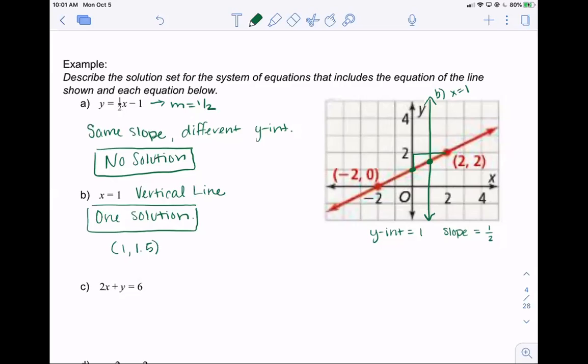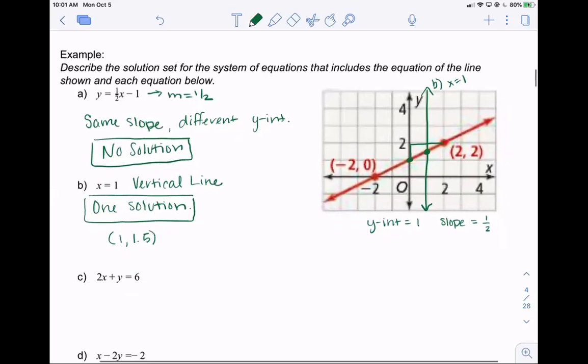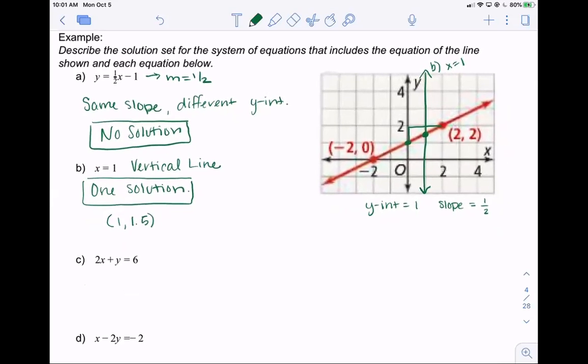On your homework, I think it'll go through a nice point, if I remember correctly. All right, let's look at C. 2x plus y equals 6. When we're graphing, we want to really be in slope-intercept form. What is slope-intercept form? y equals mx plus b. So how would we get y by itself? Subtract the 2x to the other side. So y equals negative 2x plus 6.